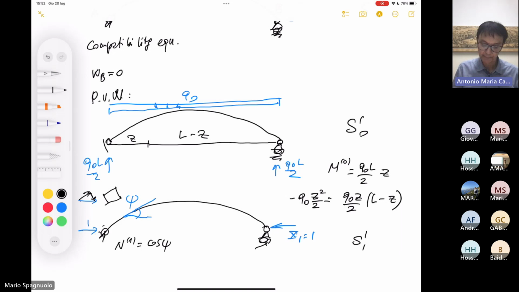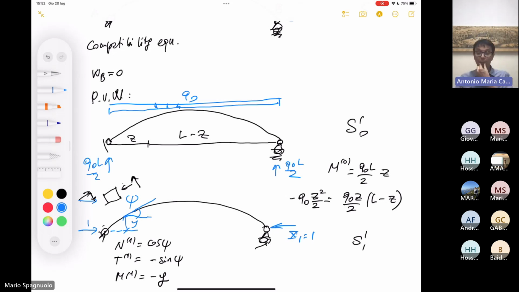Since this is psi, N1 will be cosine of psi, T1 will be minus sine of psi. We are assuming that the axial load is positive in compression, and then M1 is simply equal to minus y, because the eccentricity of this is simply y.